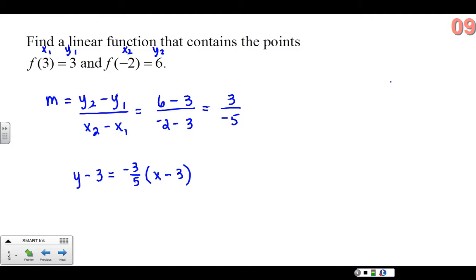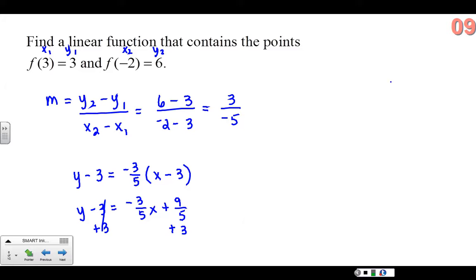So let's work this algebra out. So I'll have y minus 3 equals -3/5 x, and -3/5 times -3, that's going to be plus 9/5. So the last step I need to do is add 3 to both sides.